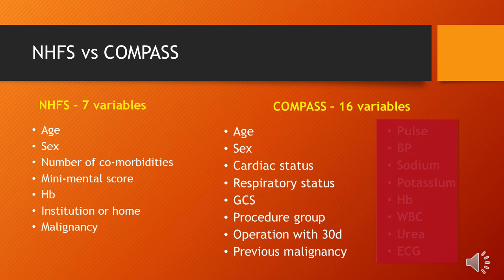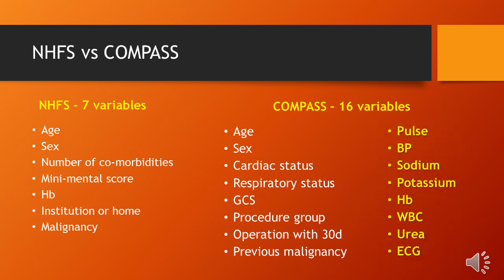But with the COMPASS Score, there are potentially 8 variables one can change in a short period of time with appropriate medical management, and redoing the score after this could be a surrogate marker for optimization. Perhaps sodium is one thing one may not be able to change within 24 hours.